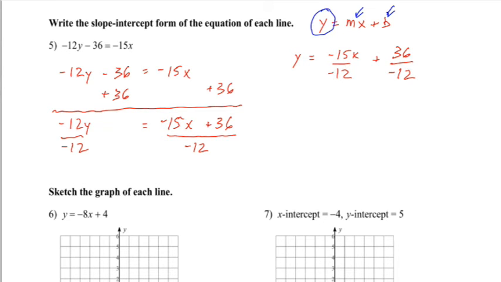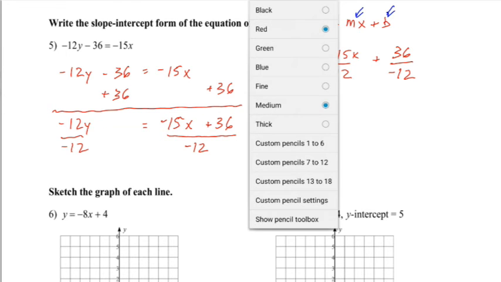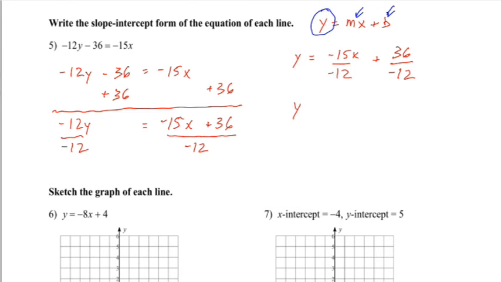And now I'm just going to reduce this, and I can divide both top and bottom of the slope value by 3, and I get 5 over 4. And I can do the same thing here. This reduces to minus 3. So what I wind up getting is y is equal to 5 over 4 x minus 3.